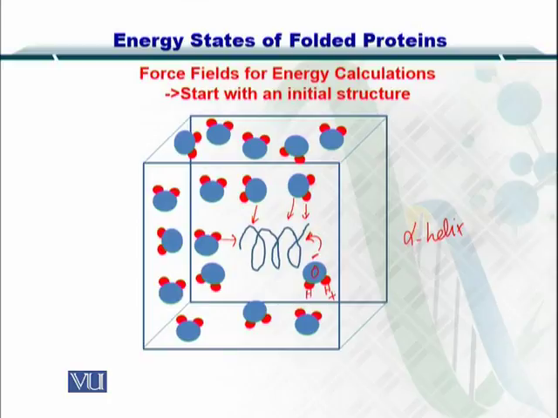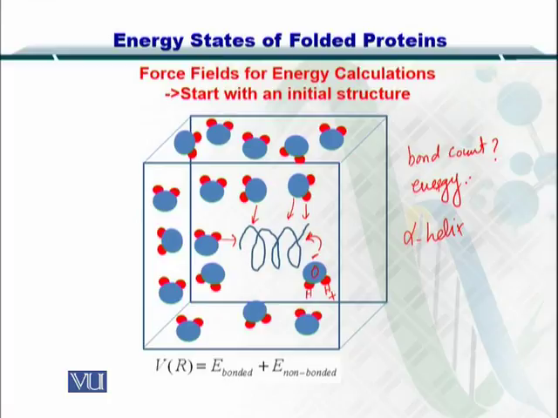Once the protein interacts with these molecules, we'll see how many bonds are made, the bond count, and then compute the energy. If you remember, the formula for computing the energy is non-bonded plus the bonded ones.